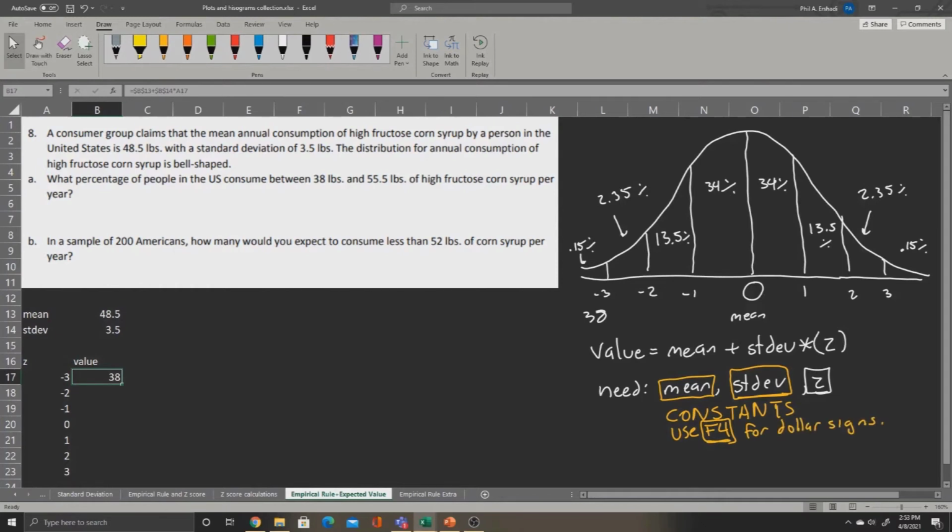Now that we've typed our formula into the value box, we can move our mouse below the bottom right corner of this box to get this little black cross shape. Click it and drag it downward, and release to complete the table of values. Now we have a list of values for each of the z-scores. I'll copy those quickly onto the right side.